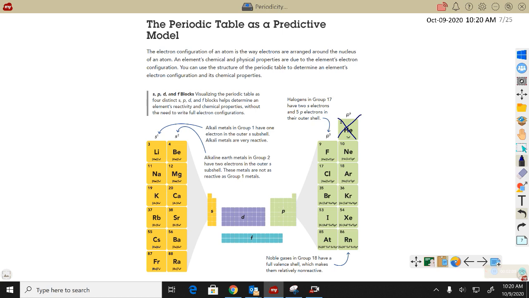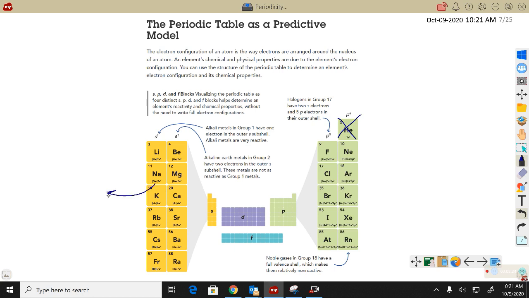And so everything in the alkali metal group, group 1, if I look at their electron configurations, and here they've got them in the noble gas shortcut, because then you can clearly see the valence electrons, and they're the most important. The core electrons are what we're really just shortening by putting in something like neon.